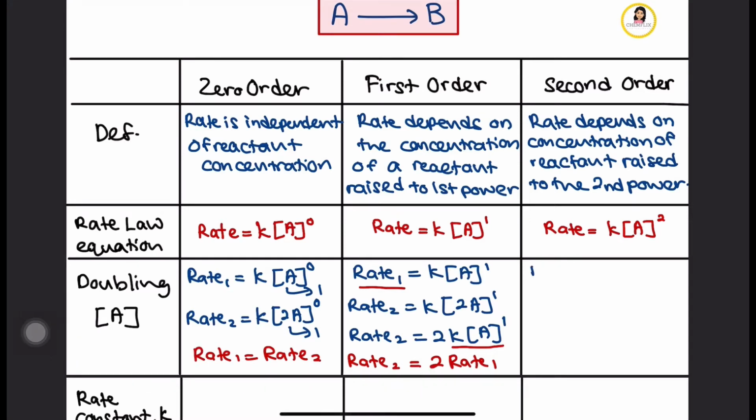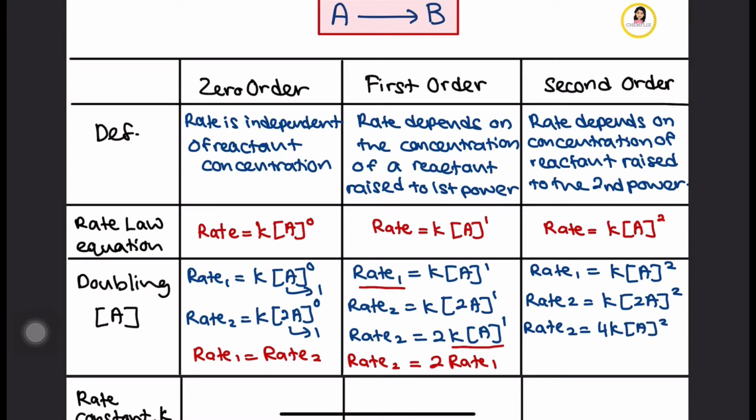Finally, the second order of reaction. The first rate would be k multiplied by A to the power of 2. Doubling the concentration of reactant would give us an equation that looks like this. Rearranging equation 2 to match the first equation would be as shown.